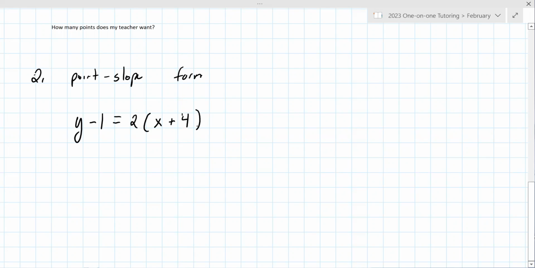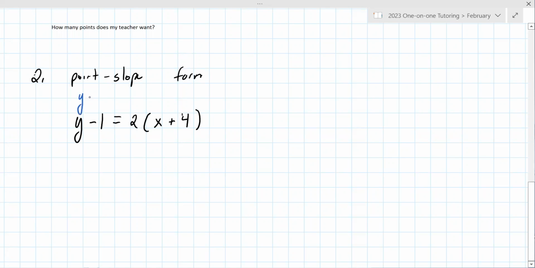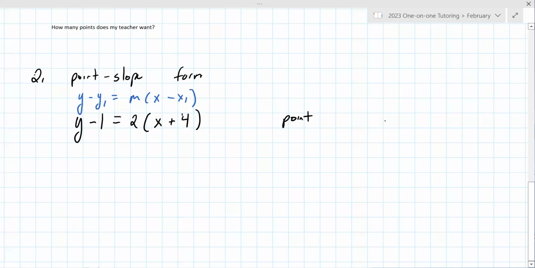Okay. And again, let me write y minus y1 equals slope times x minus x1. So can you extract the point and the slope from this?